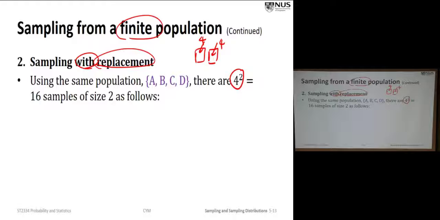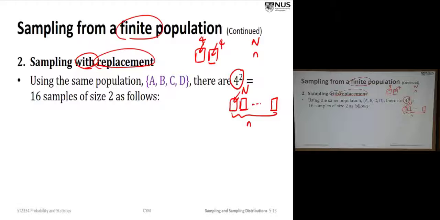So if you notice, basically we have a population of size capital N, and I want to select a sample of size little n. You can think of it like this: I have little n boxes, and for each one I have capital N choices.